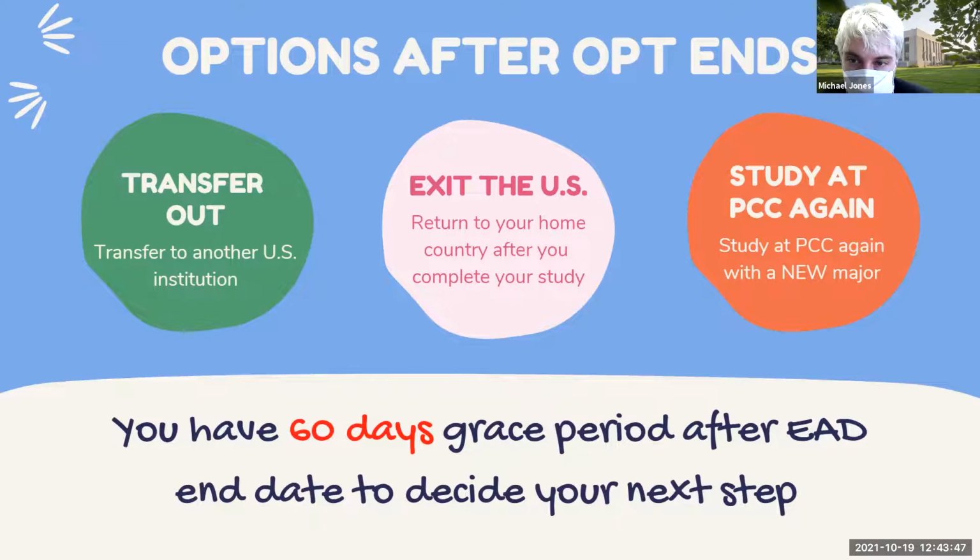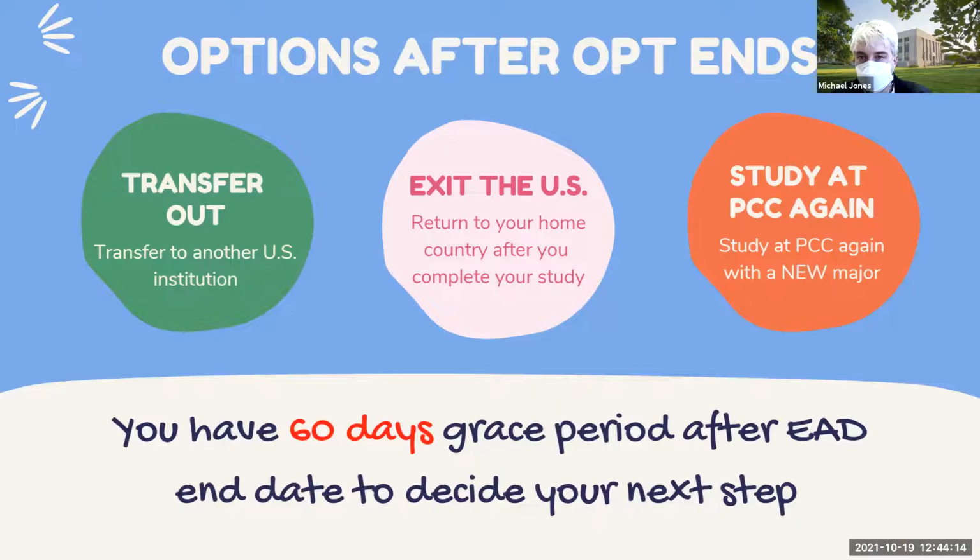You have 60 days to transfer out after you finish your OPT. If you want to transfer out, you will submit a transfer out request to your advisor, and then we will also need a letter of acceptance from your new school, and then we would transfer your I-20 to that new school.